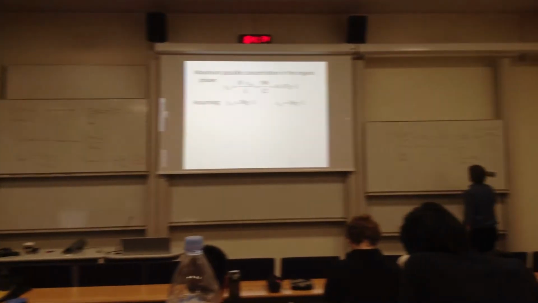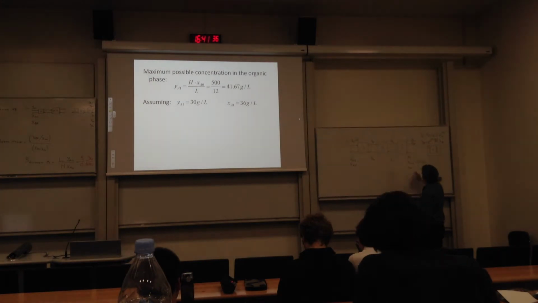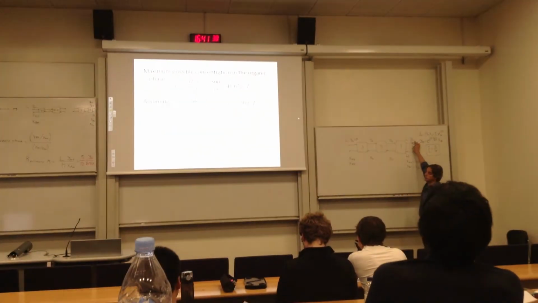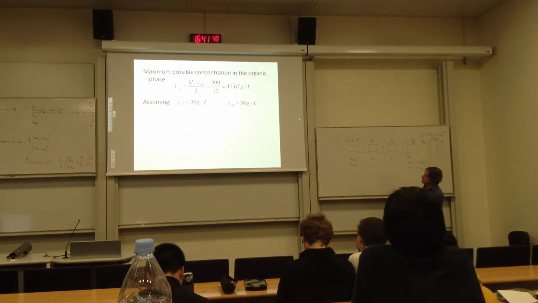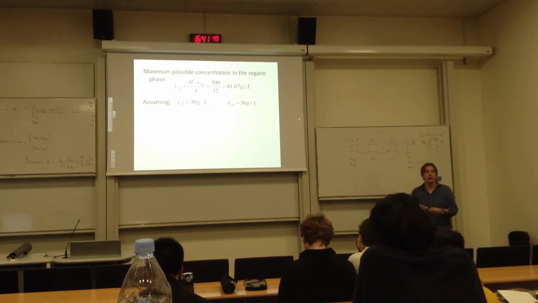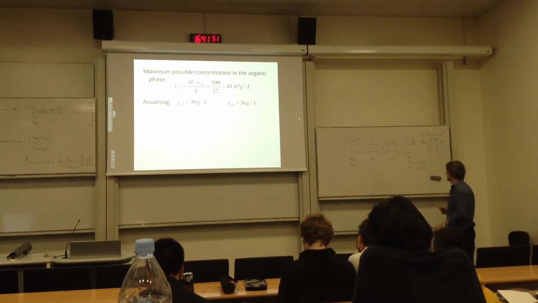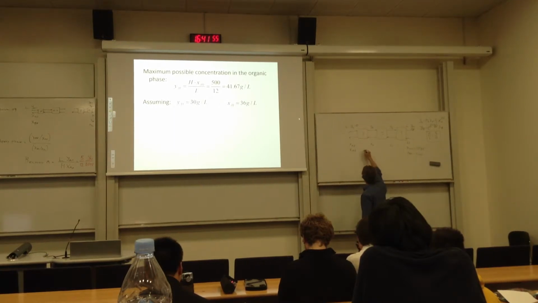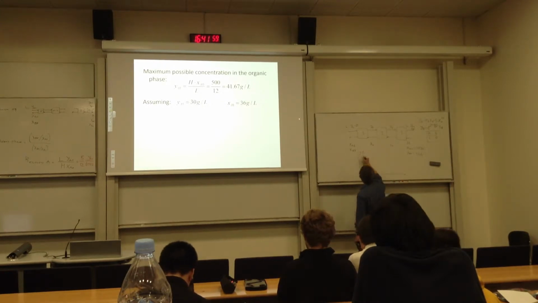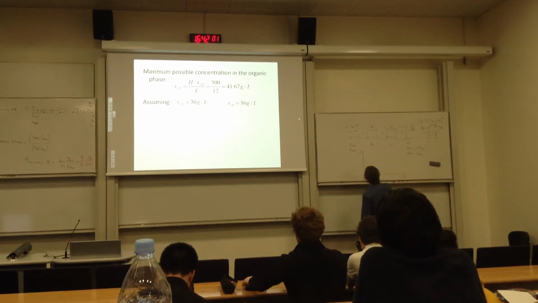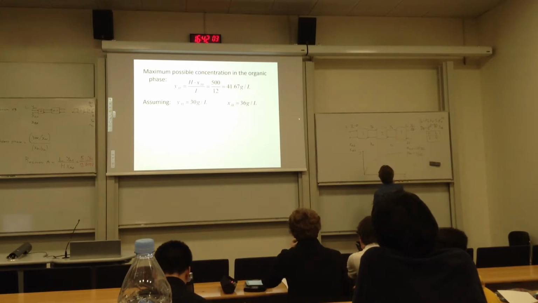Right? So we have assumed YA1 at 30, and how can I calculate this value? How was this done? So this is my operating diagram. This is the equilibrium line.